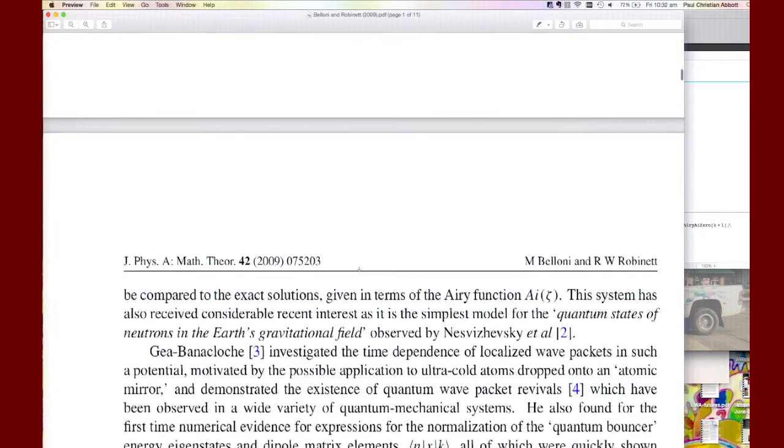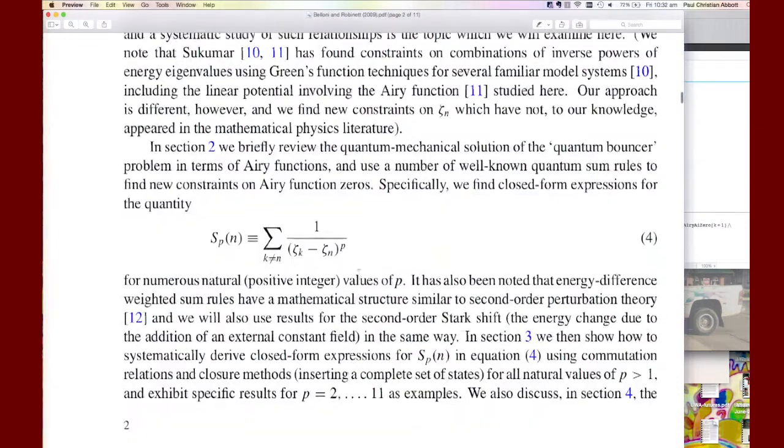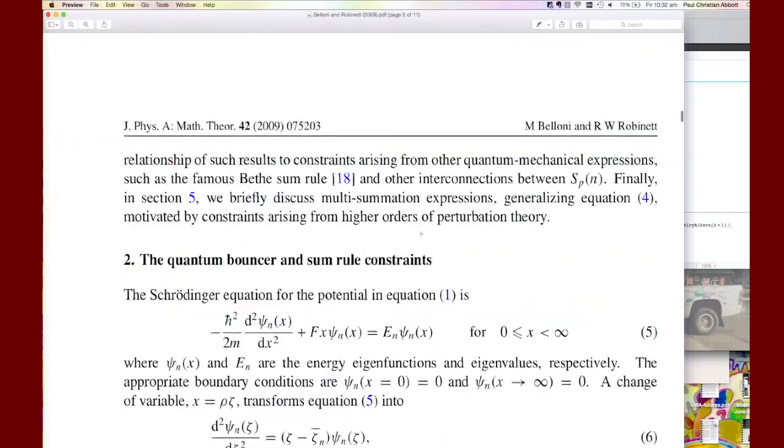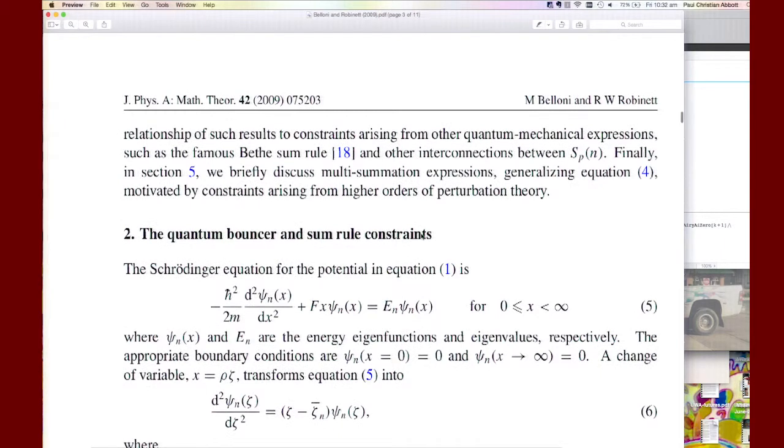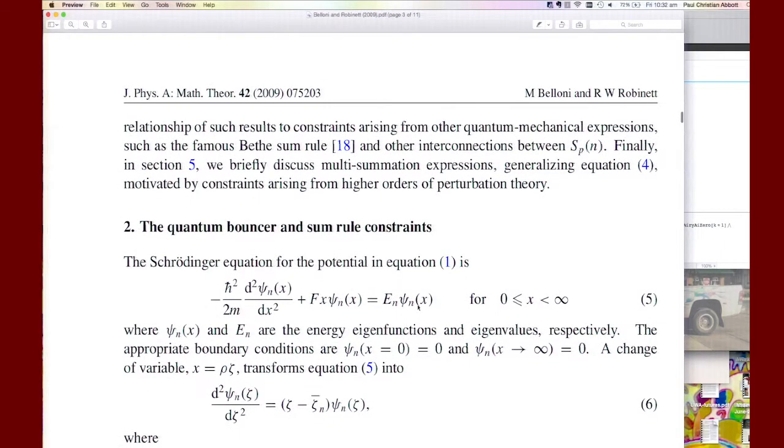The solution is an Airy function. They go through some complicated manipulations, and they find that there are certain properties relating these sums of the eigenvalues for this system. So essentially they're solving the Schrodinger equation with a linear potential over a half plane.